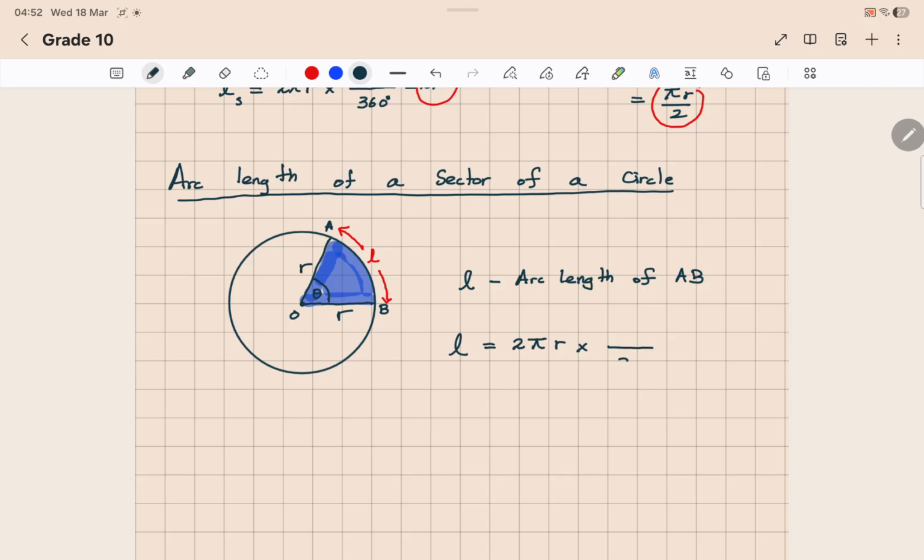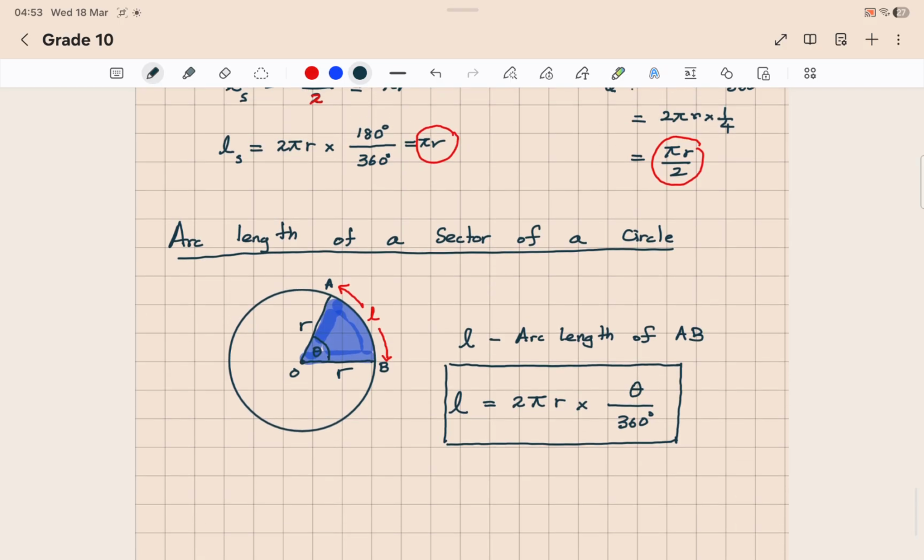The total circle is 360 degrees, and only theta part is there. So this is the formula for finding the arc length of a sector. Depending on the angle, you can find the arc length using this.